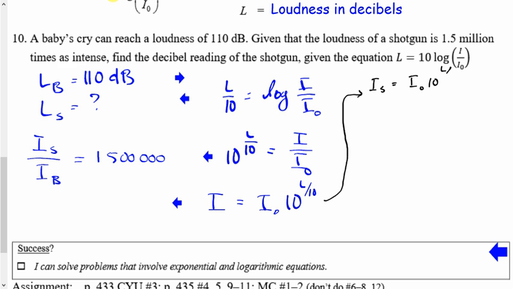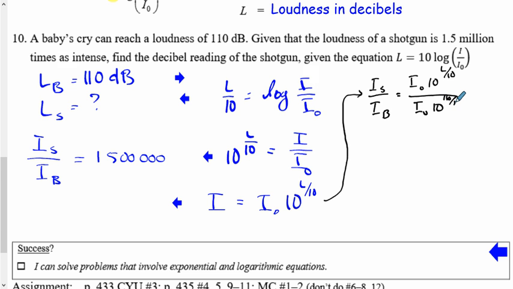Now I'm just going to move that equal sign because I may as well write this as a ratio right away, where I can say the shotgun over the intensity of the baby sound. Here I'll have my reference intensity and then 10 to the exponent 110 over 10.